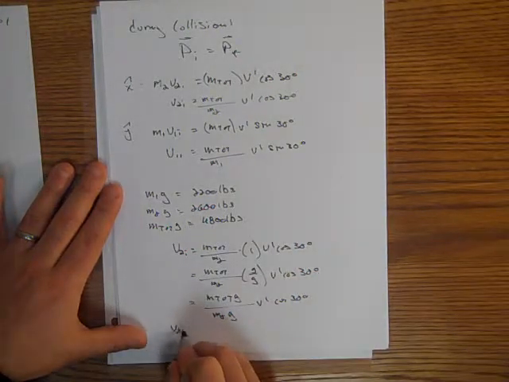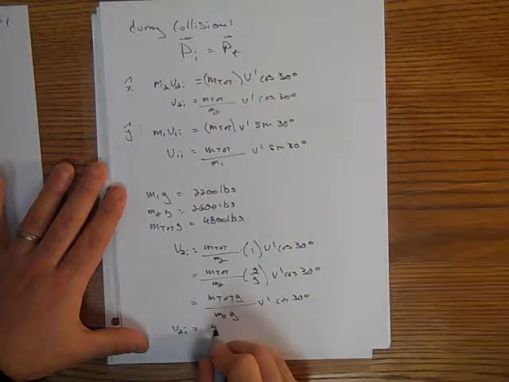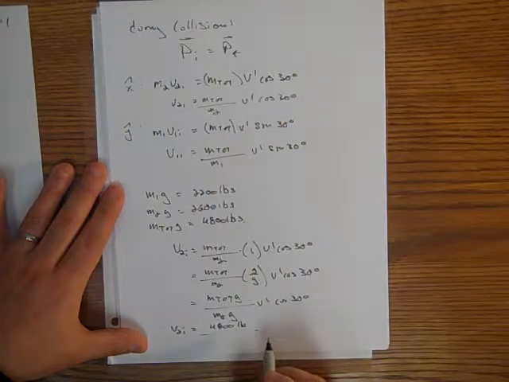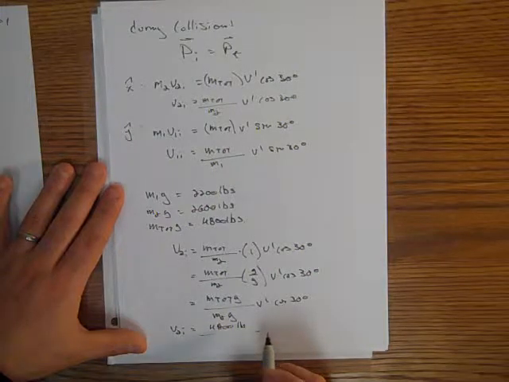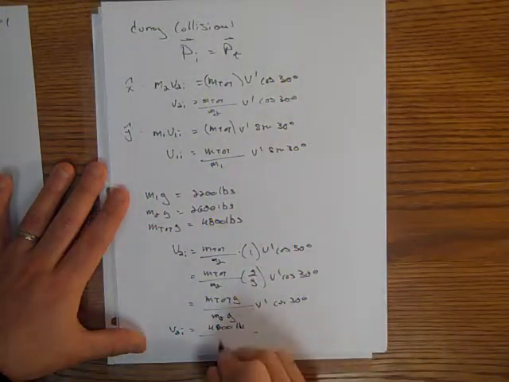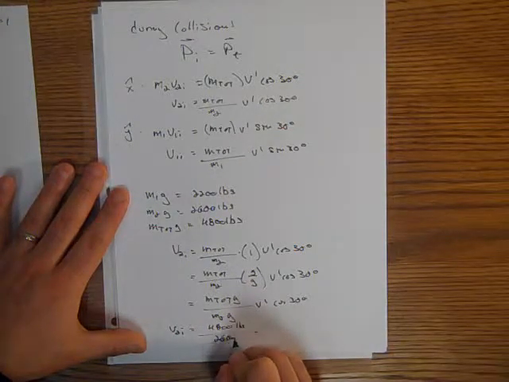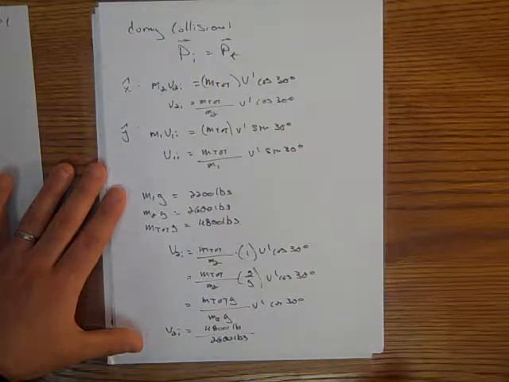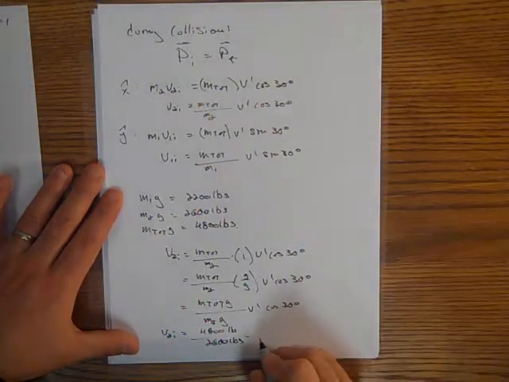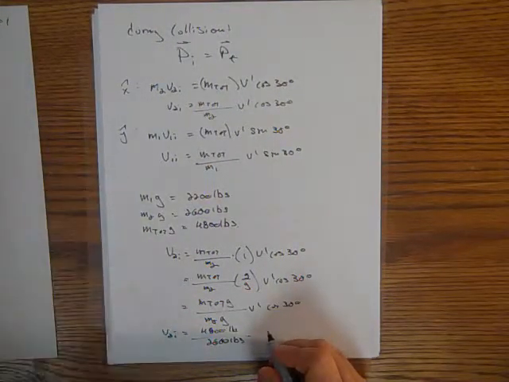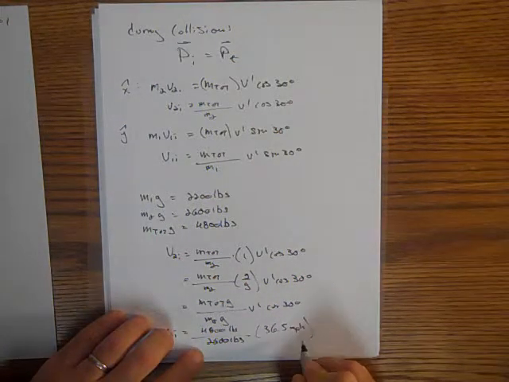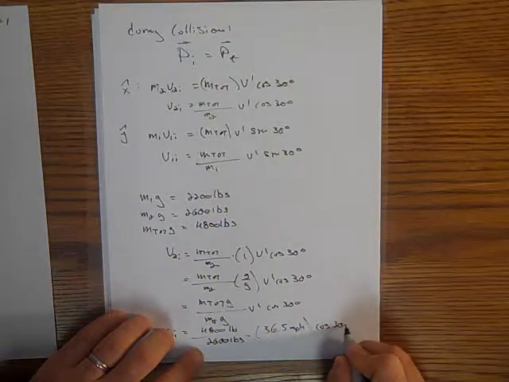So v2 initial is the total weight, 4,800 pounds, divided by the weight of the other car, 2,600 pounds, times the initial speed of the wreck, which I found to be 36.5 miles per hour, times the cosine of 30 degrees.